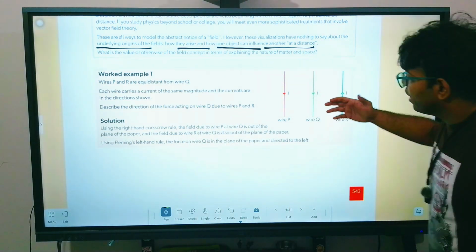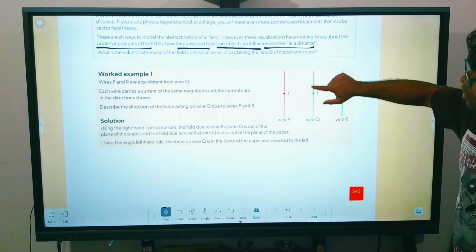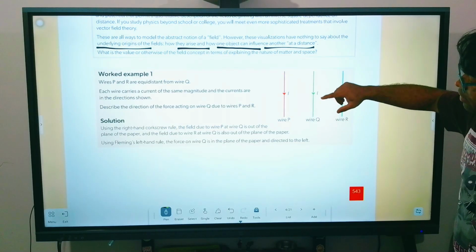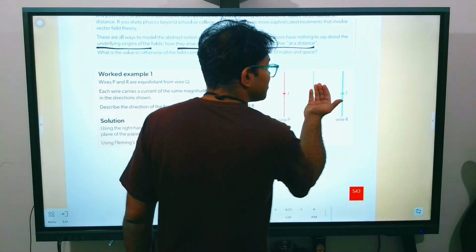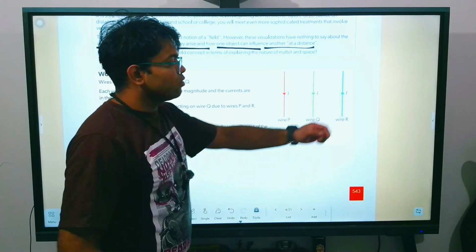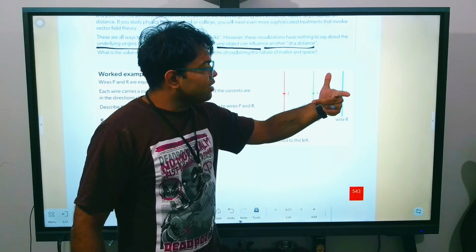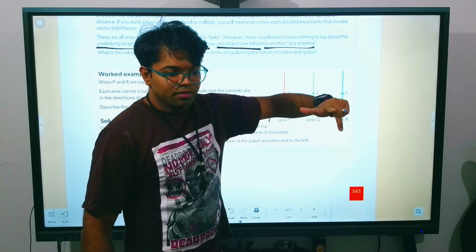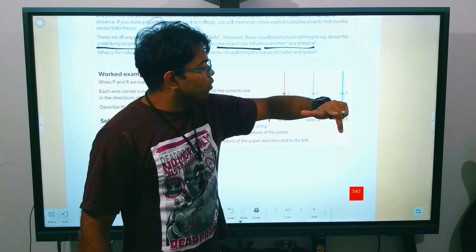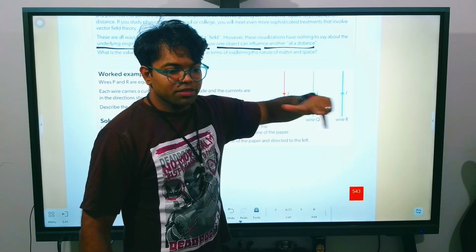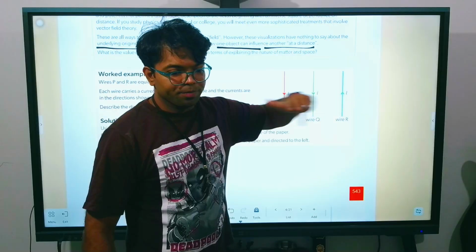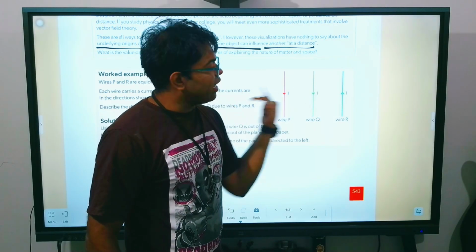Now, look at this wire Q. Here, the field is outwards. You point the direction of the field. The current is downwards. Therefore, the force will be in which direction? This direction. Correct? Towards the left.